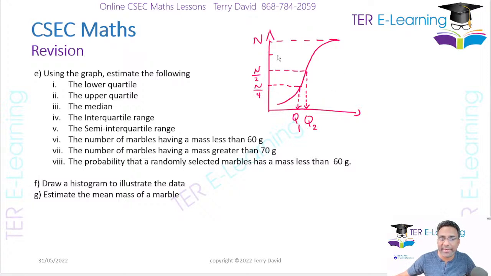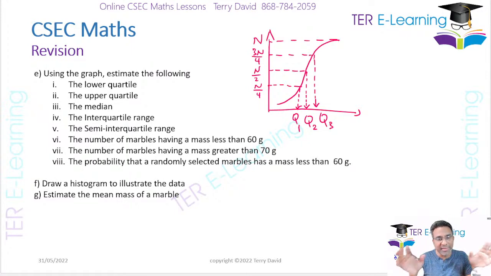If you want your upper quartile, that is 3/4 of your data, so that's 3n/4, and we read off this here. That's your upper quartile, which is Q3. So you need to understand that principle first. On my channel, there is a video specifically on the cumulative frequency curve. If you don't know how to do that, search for that video and have a look at it.